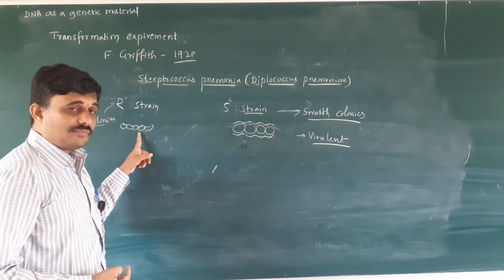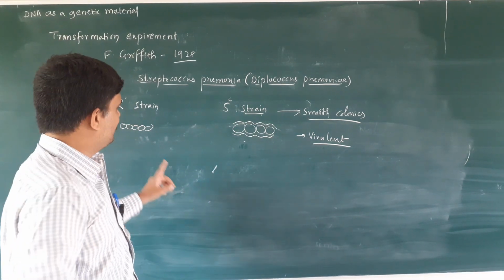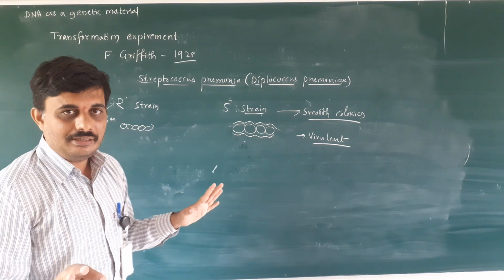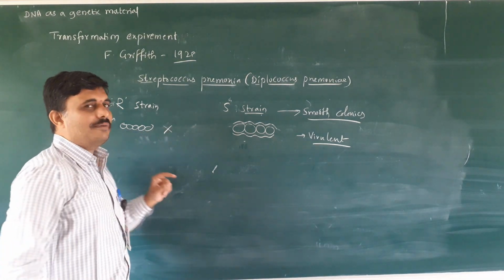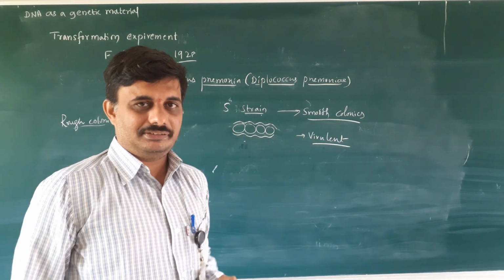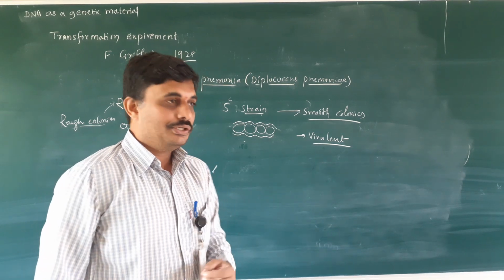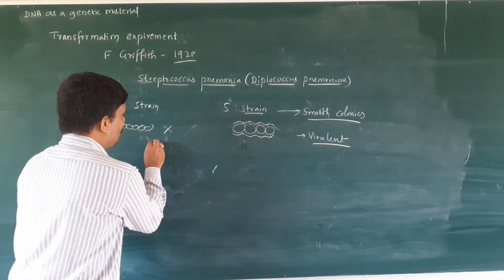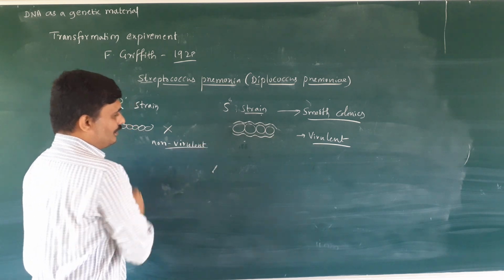As the R strain is not covered with any mucous membrane, it can easily be destroyed by the phagocytic action of the human or animal immunity. So it is a non-virulent strain.